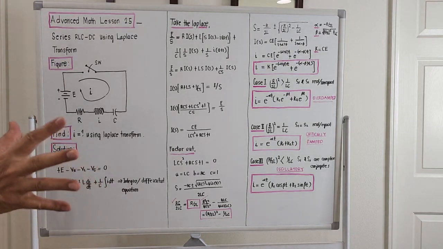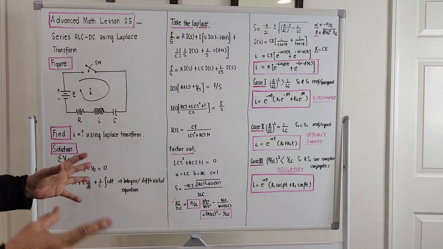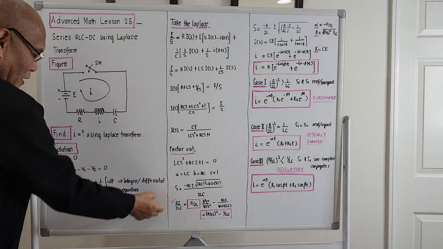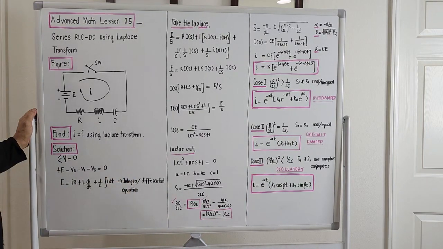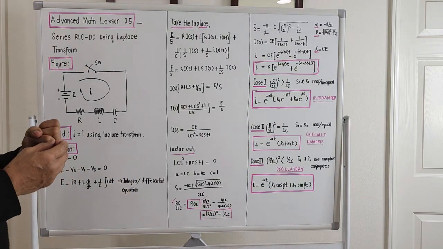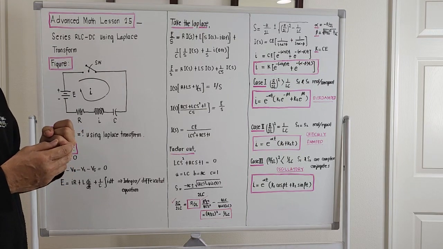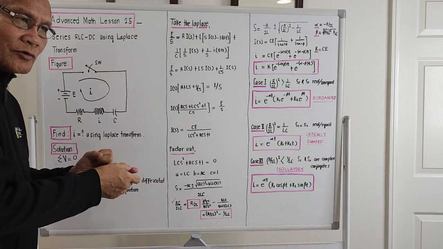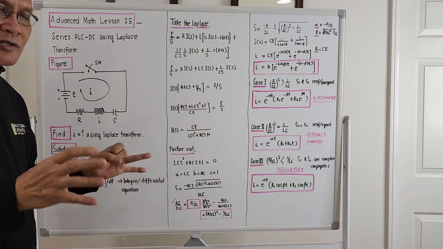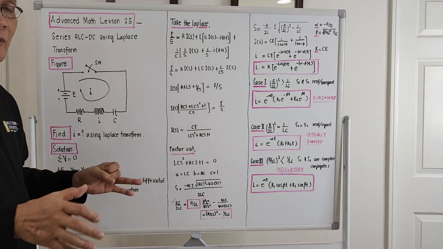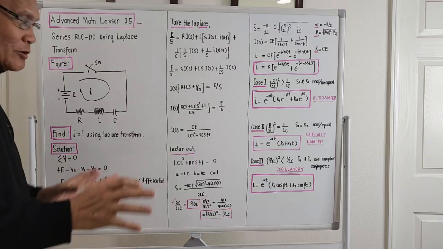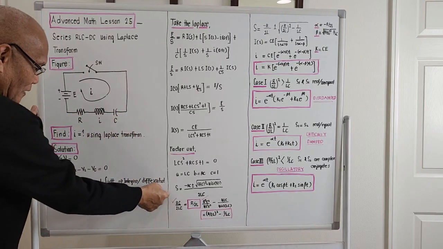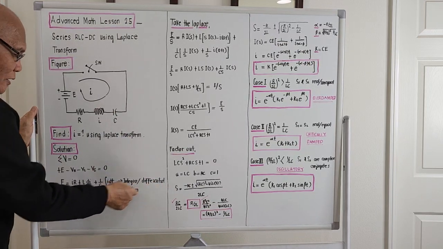Okay? What comes out now is a complicated equation. It is an integro-differential equation. From the previous examples, they were only an integral equation and then simply a differential equation, but for tonight, this is the worst case scenario for an RLC-DC, because the resulting equation is an integro-differential equation. Why integro-differential?